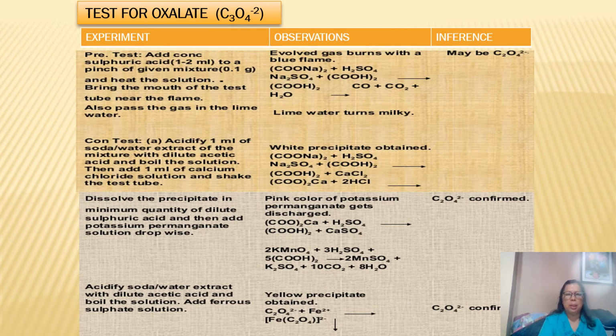Potassium permanganate is dark violet in color. So upon the addition to oxalate, it could lead to the pink color. That is its reaction. You know very much that ferrous sulfate is dark yellow in color. So if it yields the yellow precipitate, then you are sure to say that oxalate also is present.